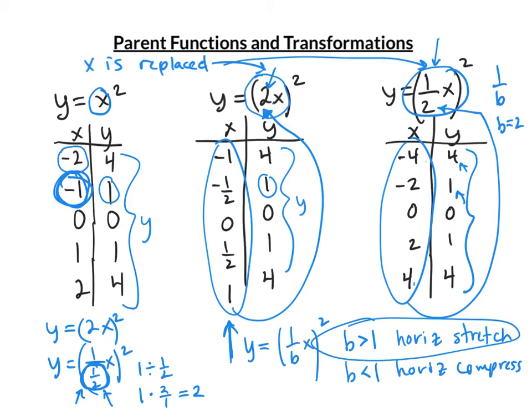Plug in 2. 1/2 times 2 is 1. Again, that's the value from the original table, and 1 squared is 1. Plug in 4. 1/2 times 4 is 2. Value from the original table, and 2 squared is 4.